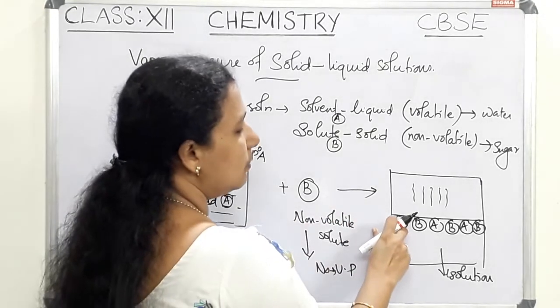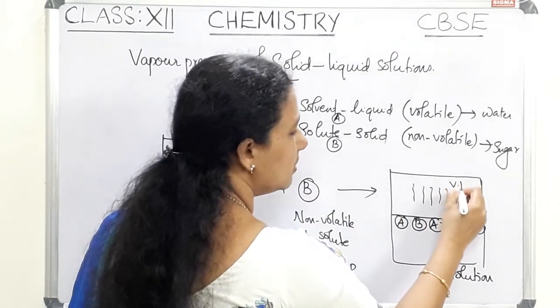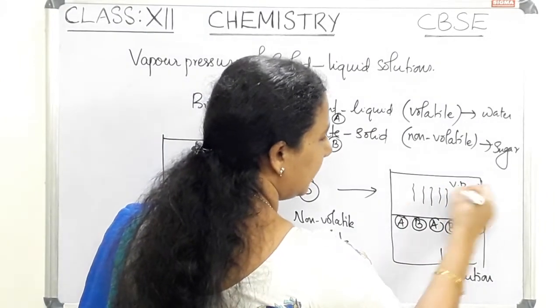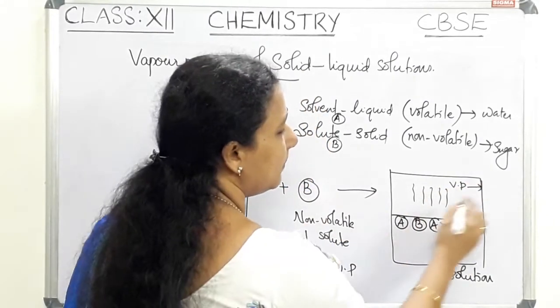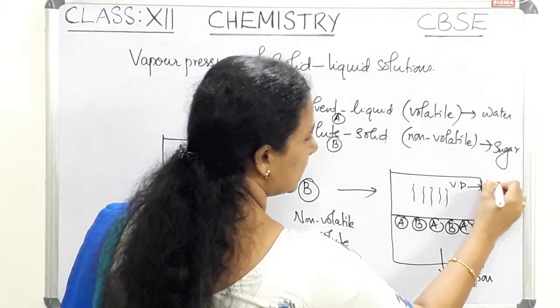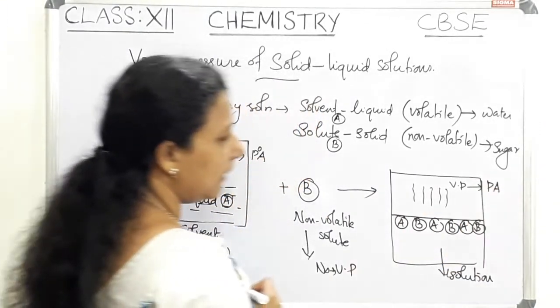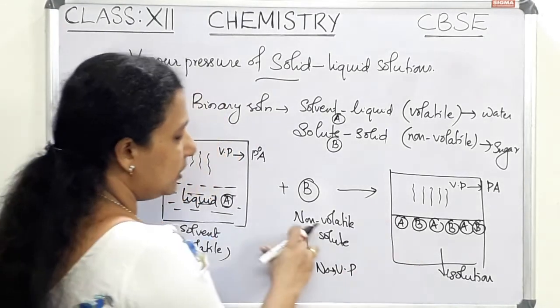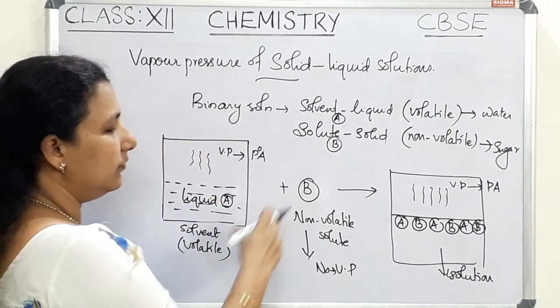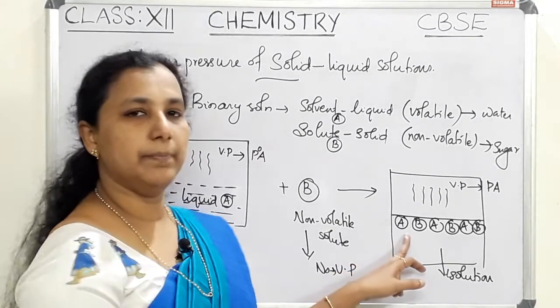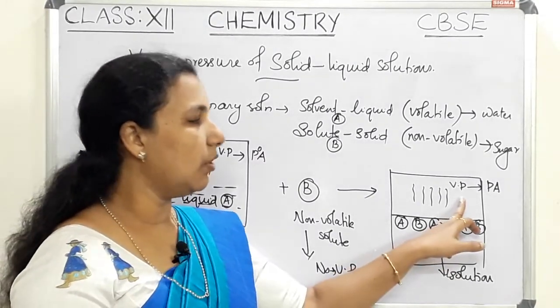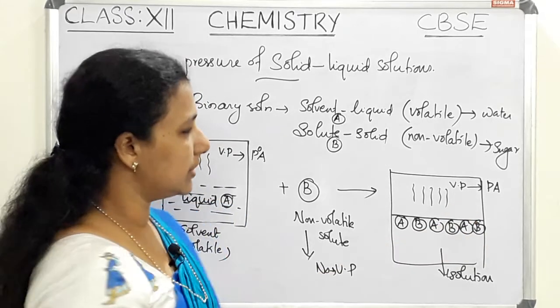Those molecules will evaporate and escape as vapors, and that produces vapor pressure, denoted by PA. In the case of B, that component is a non-volatile solute, and it will not produce any vapors, and there is no vapor pressure from it on the surface of this solution.